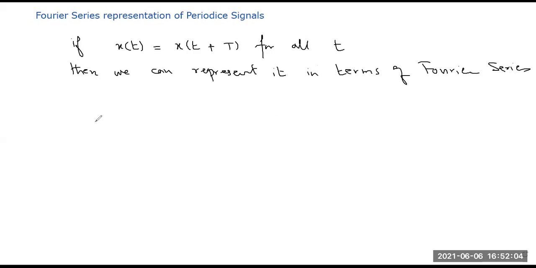And there are two equations that are part of Fourier series. So first equation is x of t represented as summation over k from minus infinity to plus infinity, Fourier series coefficient a sub k times e to the power j k omega naught t.